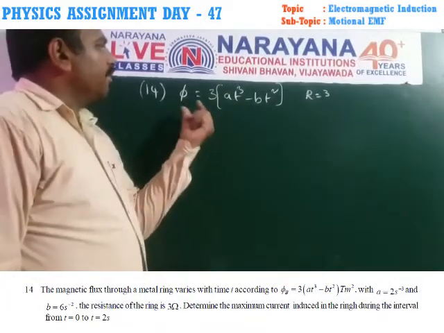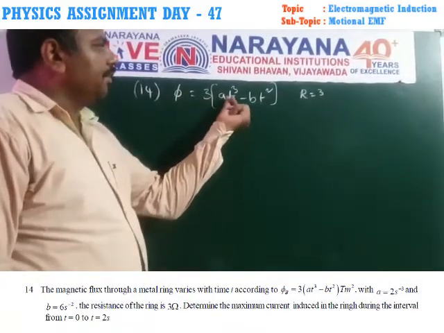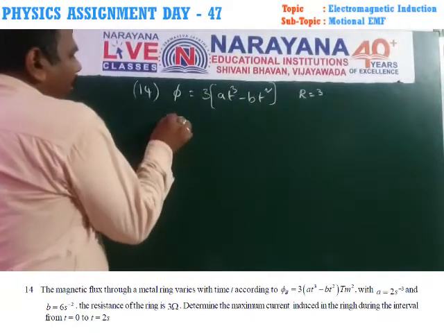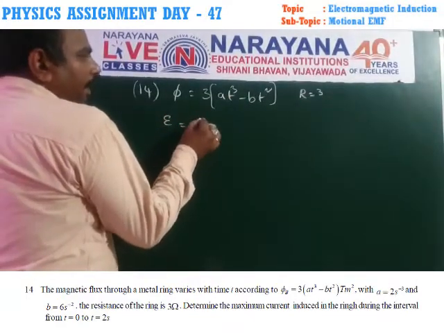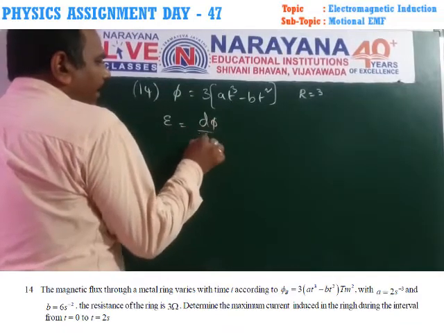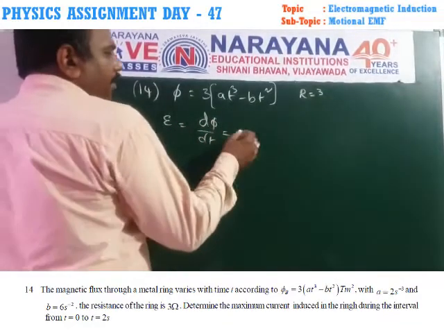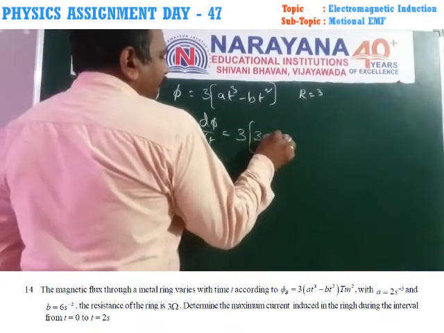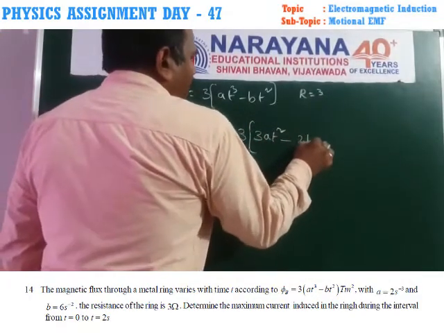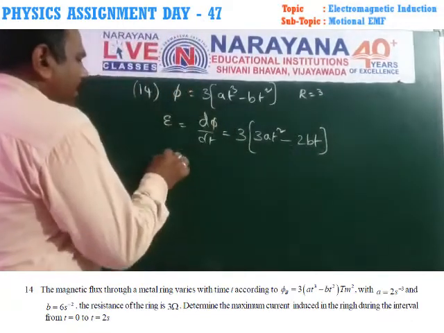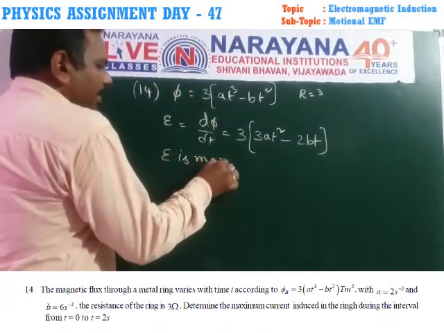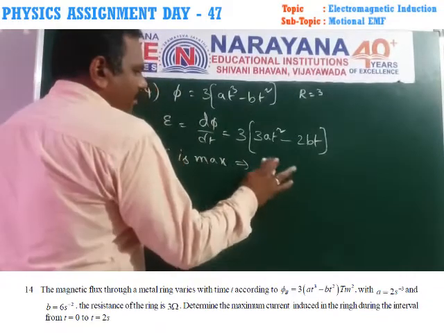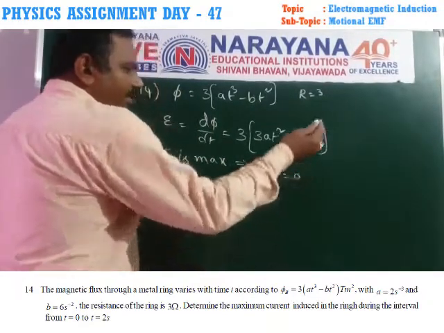In the 14th sum, the flux is given as 3 A T cube minus B T square. But here EMF E is equal to d phi by dt. So d phi by dt is equal to, on differentiating it, 3 A T square minus 2 B T. But EMF is maximum, that means dE by dt is equal to 0.